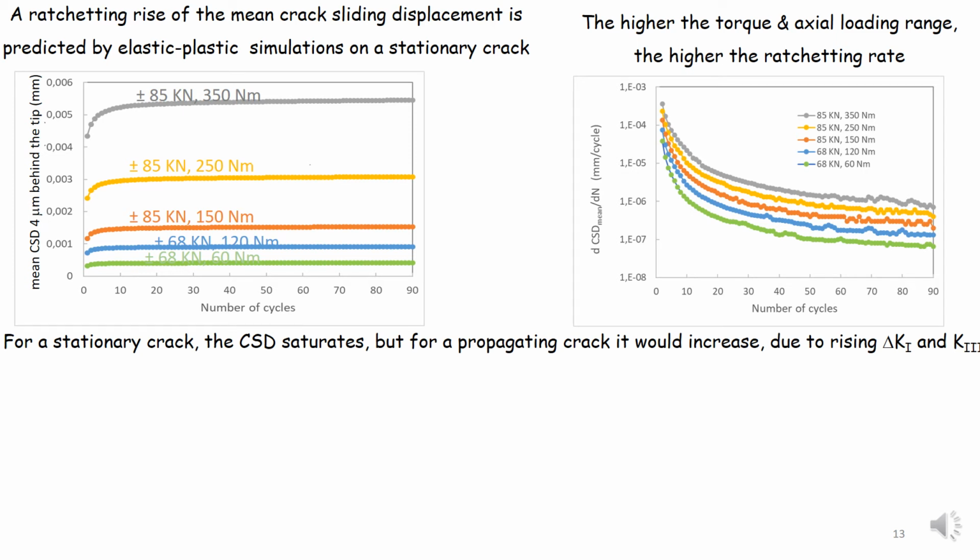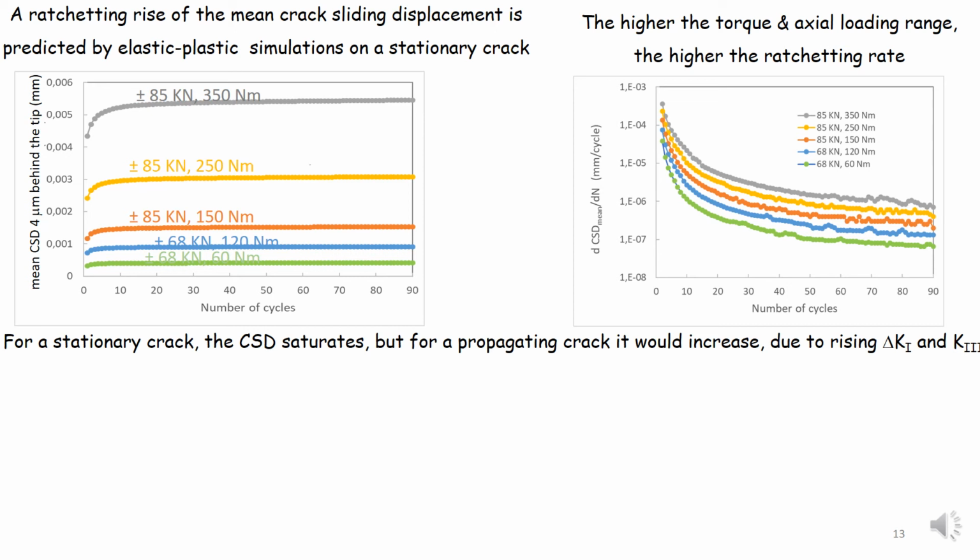For the stationary crack considered in these simulations, the crack sliding displacement tends to saturate, but for a propagating crack, it would increase due to a rising delta K1, rising K3, more and more plasticity, and a longer, deeper crack.